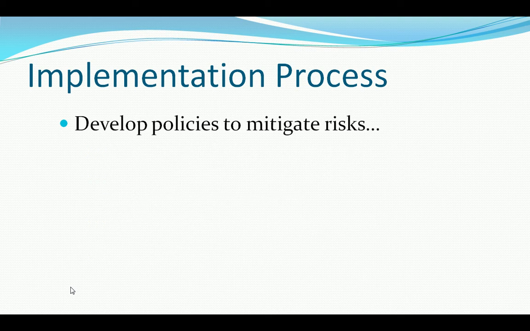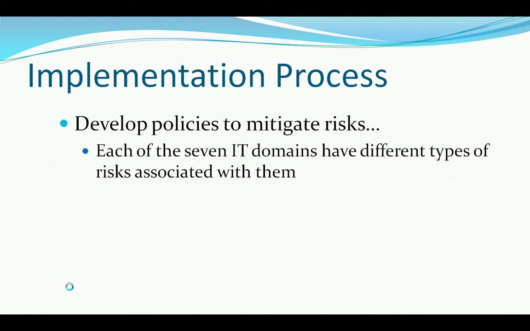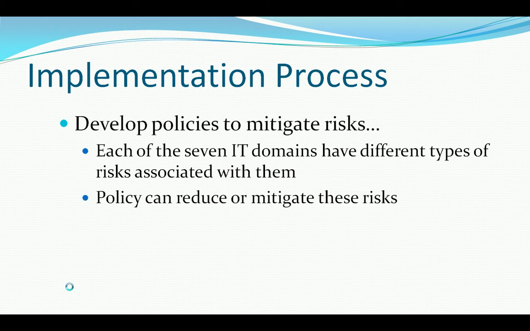Once we know what the risks are, we develop policies that mitigate those risks. So again, we identify the information, follow it through those 7 domains to identify all the risks, and then create policies that mitigate those risks. Each of the 7 domains can have different types of risks associated with them, and the policies can reduce or mitigate those risks.